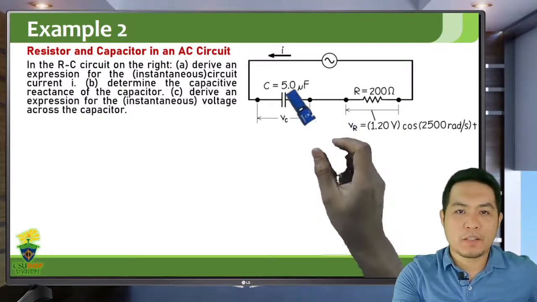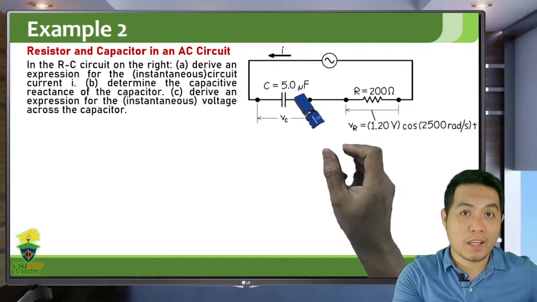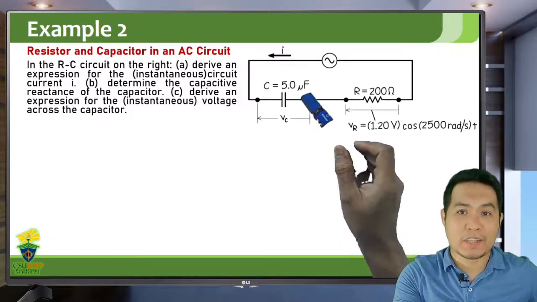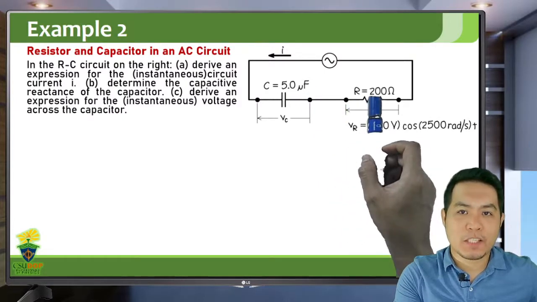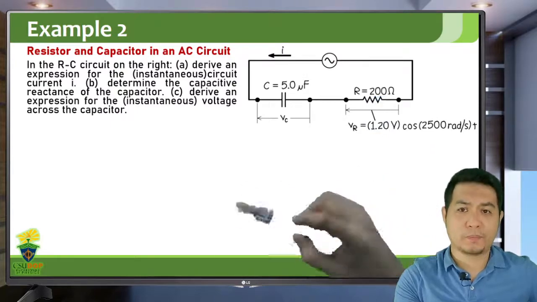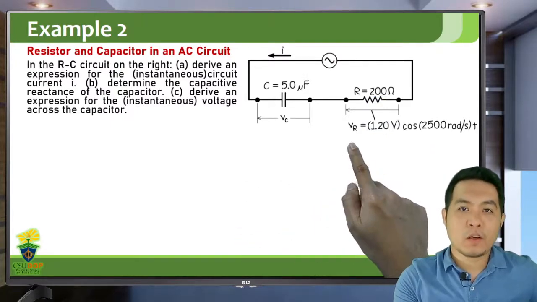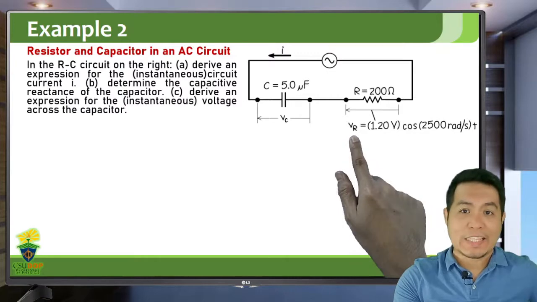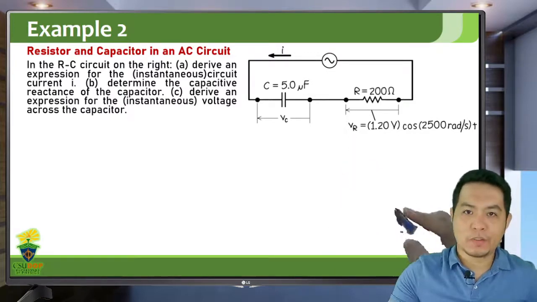We have a capacitor with a capacitance of 5 microfarad. Micro again is times 10 to the negative 6. And a resistor with resistance of 200 ohms. Now, we are also given the instantaneous voltage of our resistor.